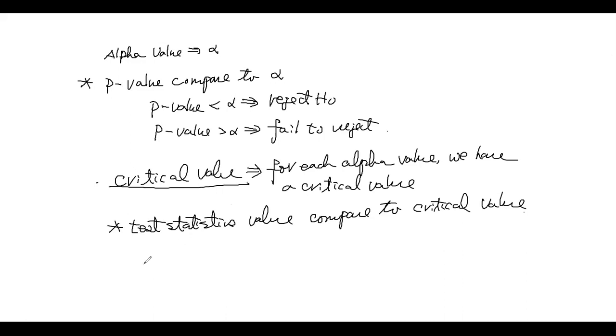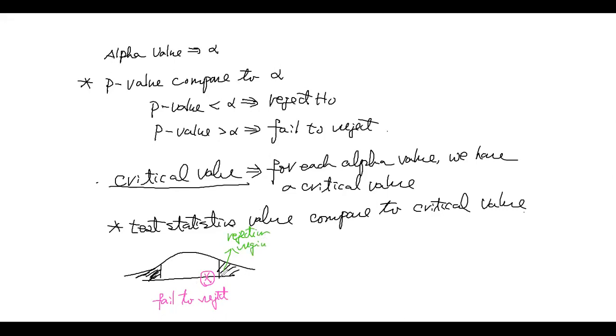For example, if this is a two-sided test, and your test statistic is sitting over here, then this is fail to reject. Sometimes we call the tail values here the rejection regions.